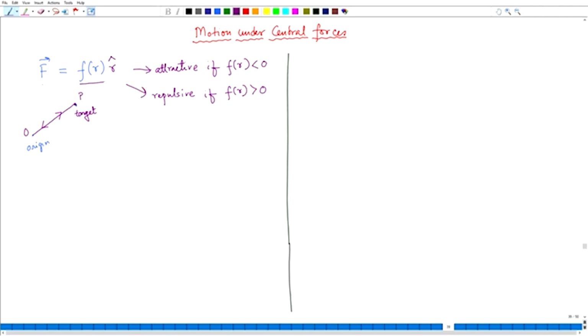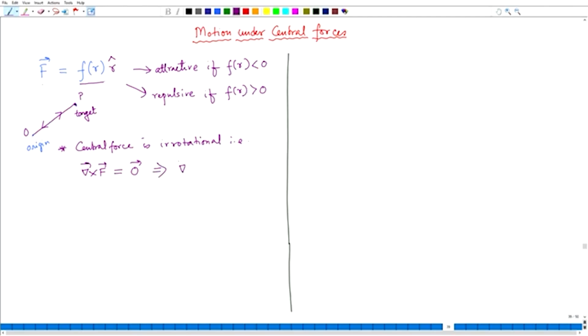Okay. So, if you remember, the first conclusion we drew about this central force is that the central force is irrotational. That means the curl of f that we have calculated explicitly is equal to a null vector 0. And what was the immediate conclusion?